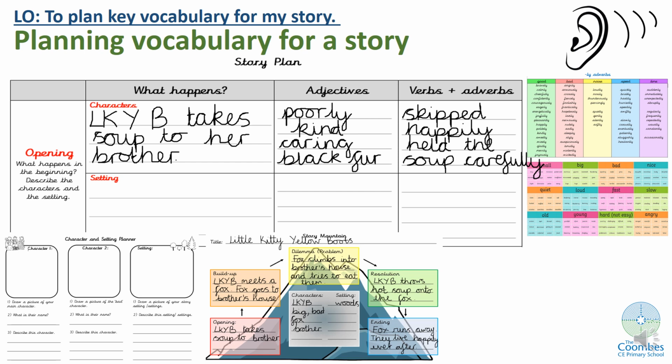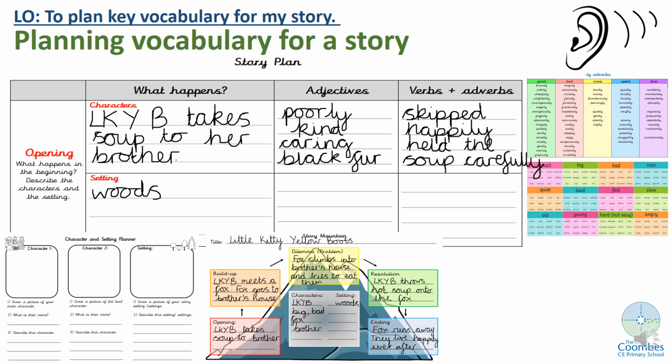Now I'm going to look at my setting. So my setting is in the woods. And that's all I need to copy into that one. It's in the woods. And now I need to think about what adjectives I can use to describe the woods. So let's think about what are in the woods. We've got trees.